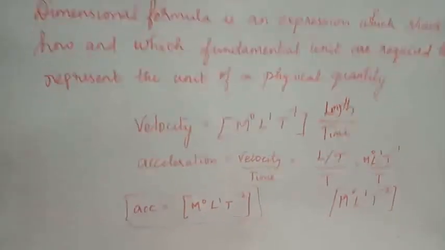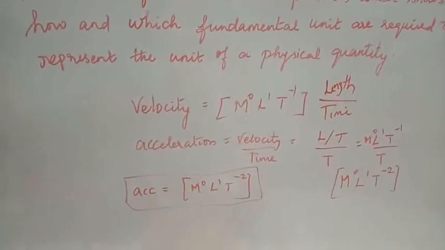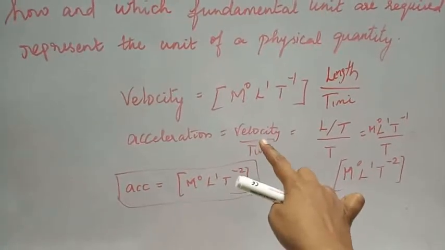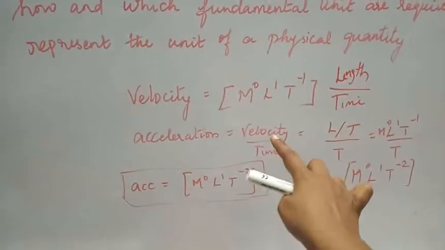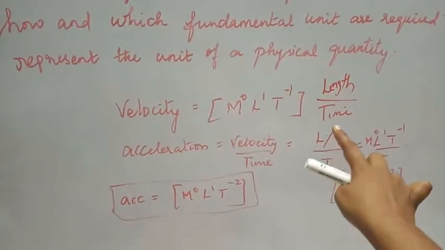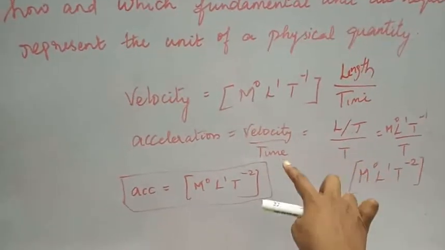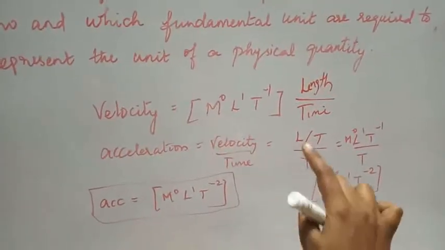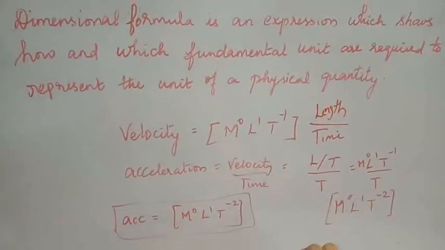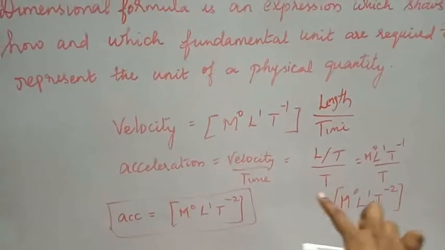Similarly, you have one more example. I've taken acceleration. Acceleration is equal to velocity by time. For velocity we know it is length by time, since velocity is nothing but displacement by time. So displacement is given by length L and time T, and on the whole it is divided by this time T. For velocity we've already written the dimensional formula as M power 0, L power 1 and T power minus 1, divided by one more T here.